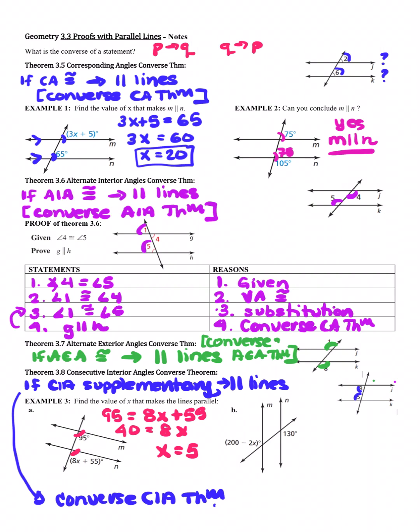And over here we have alternate exterior angles, which should be congruent. 200 minus 2x equals 130. So I'm going to subtract 130 from both sides and add 2x to the other side, so then x will equal 35. Okay?